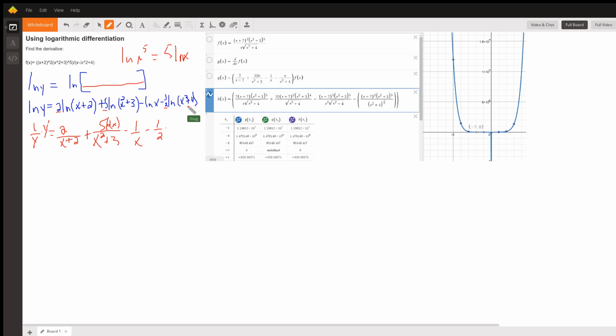Ln of x squared plus 4 is 1 over x squared plus 4 times the derivative of the inside, which is 2x.